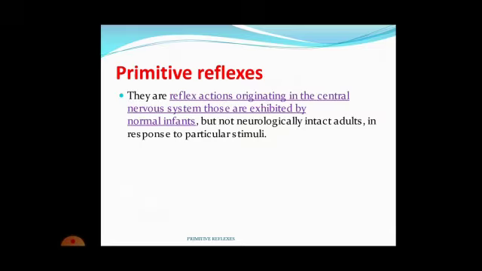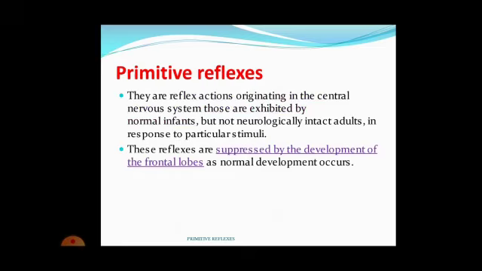These reflexes are exhibited by normal infants but are absent in neurologically intact adults in response to particular stimuli. In short, they are present in infants but absent in adults. These reflexes are suppressed or inhibited by development of the frontal lobes as normal development occurs.